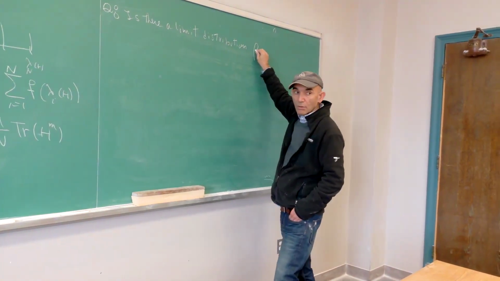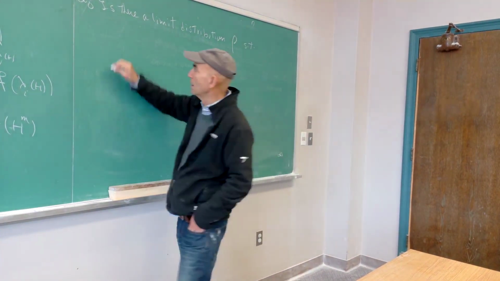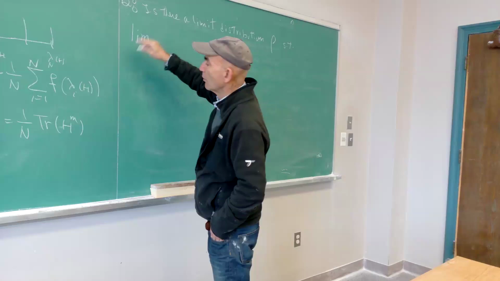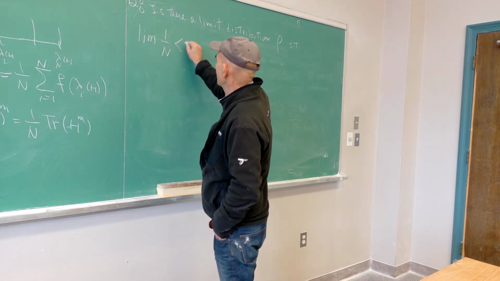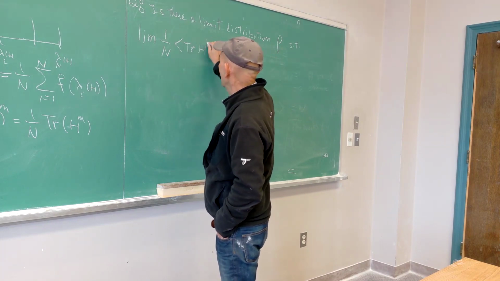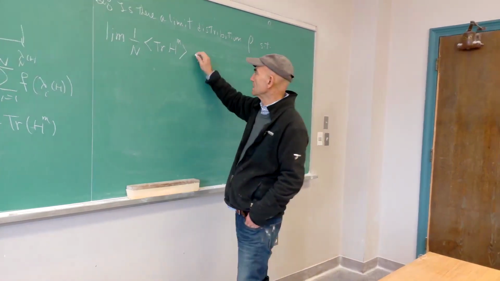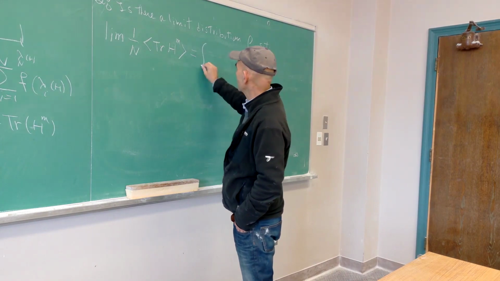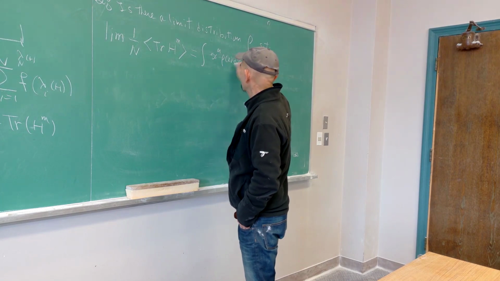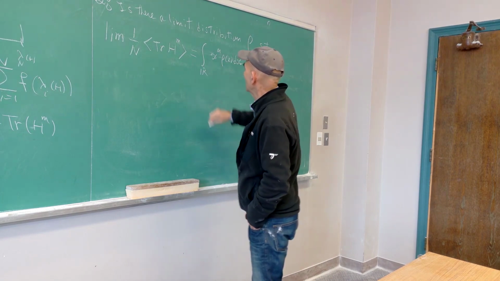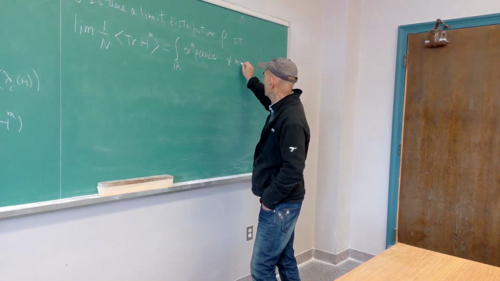Rho such that the limit of these moments, the limit of the trace of H^m, is equal to the integral of x^m rho(x) dx over R. This is for all m.